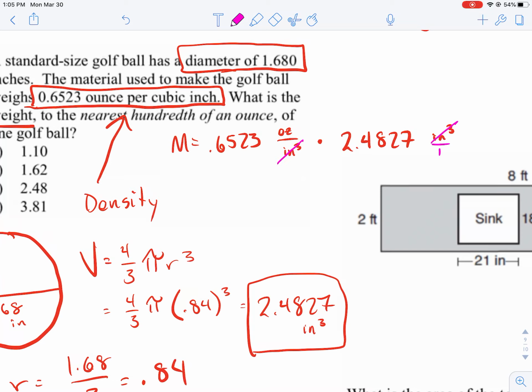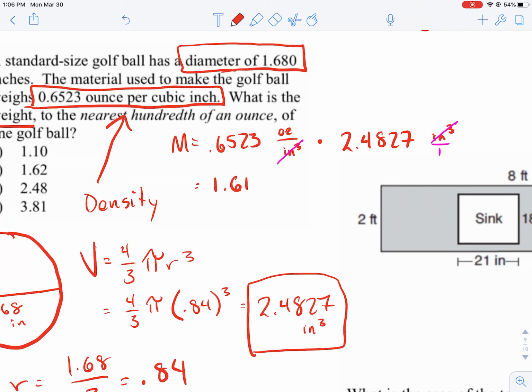And what happens here, right, inches is over 1. You can always put anything over 1 as a fraction. Our inches are going to cancel, and we should be left with something in terms of weight, in this case ounces. So ounces are the unit we have left, so we know we multiplied correctly there.